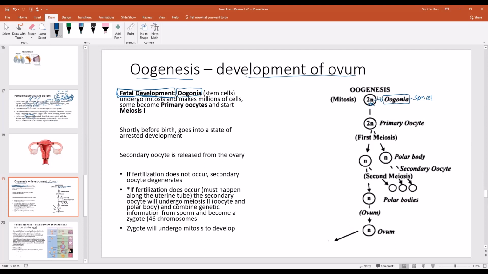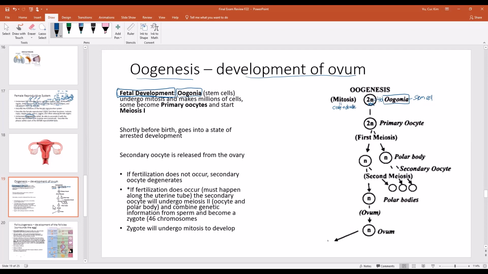All right, so the oogonia is going to undergo mitosis, and this is during fetal development. And what is mitosis again? It copies.